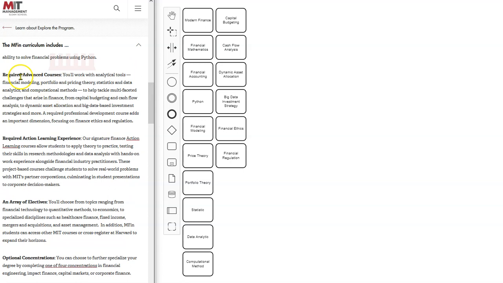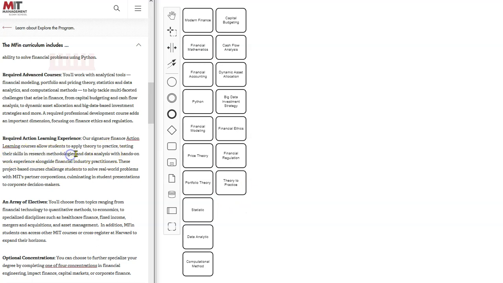This is what they call the advanced course, and they're calling this the required action learning experience. Action learning courses. Apply theory to practice. I want to go add that because that's still an important concept. Theory to practice.